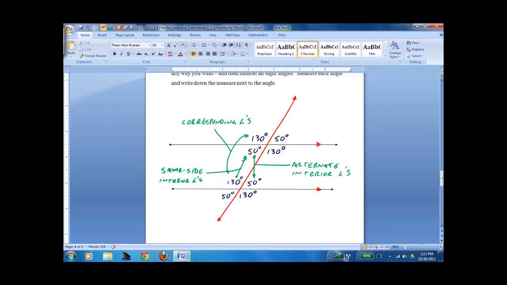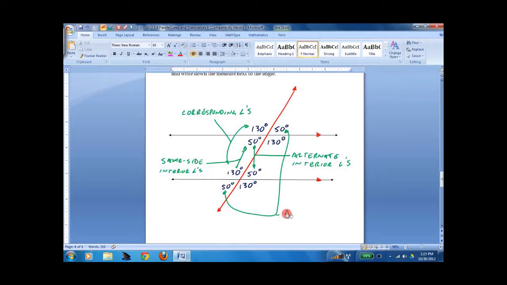And we found that these were alternate exterior angles.